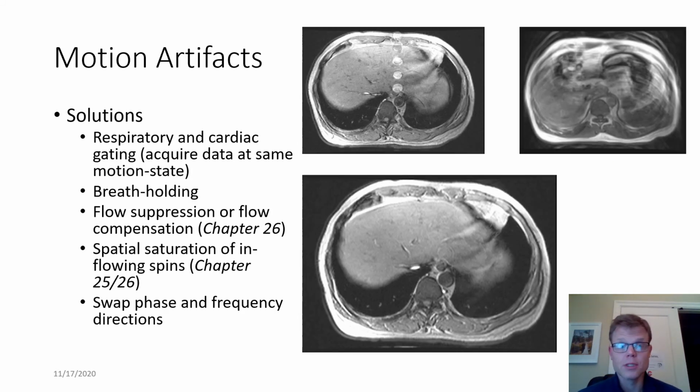So here's a couple examples. The bottom right would be a motion-free image, an axial slice taken at the top of the liver with a little bit of the lungs in there. On the top left, you see a periodic motion artifact from pulsatility in the descending aorta here.